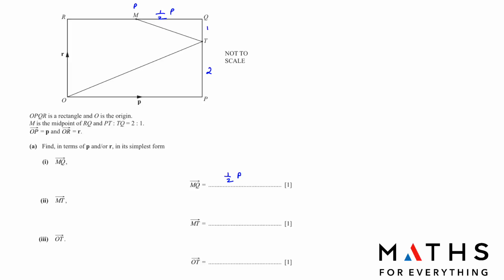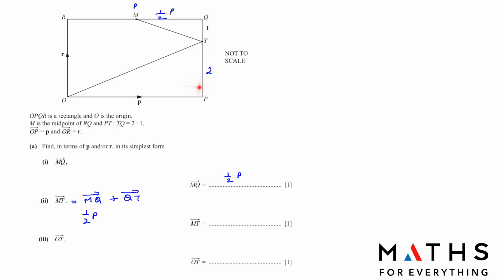Always write how you are going to reach that point. Start with M. We'll go MQ plus QT. MQ, you know, is half P. Now to find QT, this whole thing is R. So how many parts has it been divided into? 3 parts.